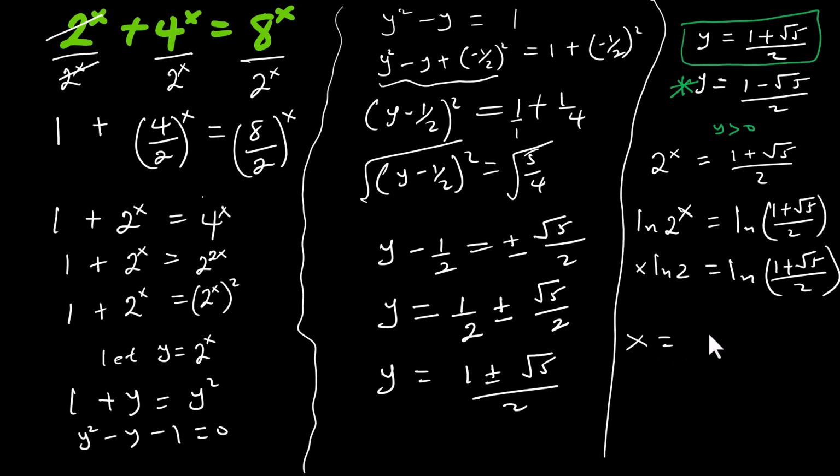By the power rule, this becomes x times natural log of 2. Let's divide both sides by natural log of 2, so x equals natural log of 1 plus root 5 on 2, over natural log of 2. We can use a calculator to get the exact value of this, or you can use Wolfram Alpha.